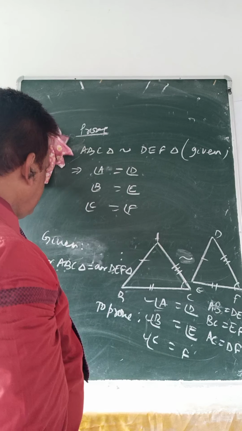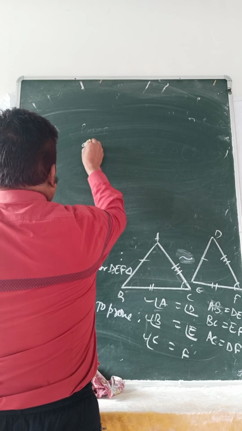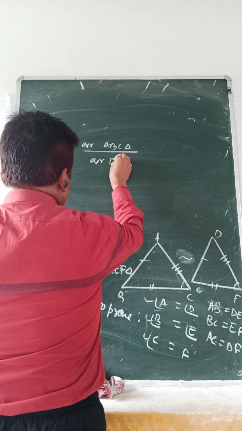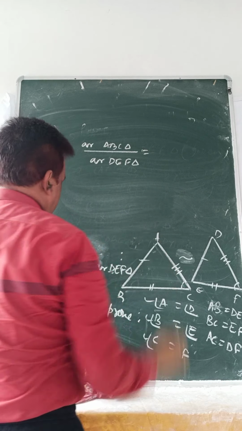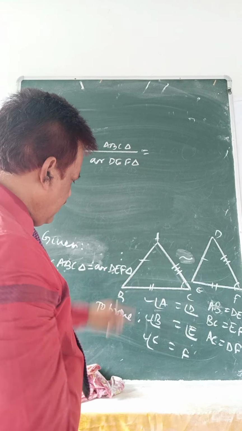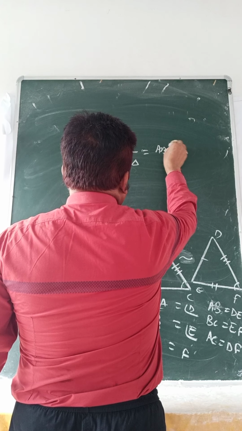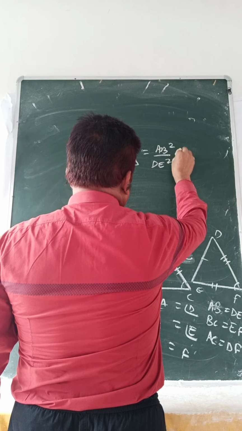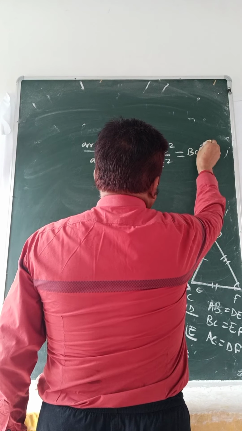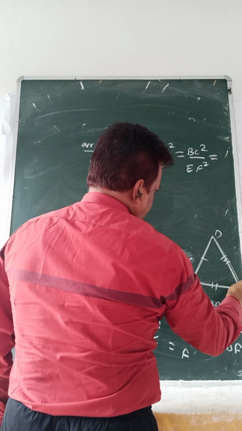So now area of triangle ABC by area of triangle DEF. When similar, what is the formula? Ratio of the corresponding sides: AB square by DE square, BC square by EF square, AC square by DF square.